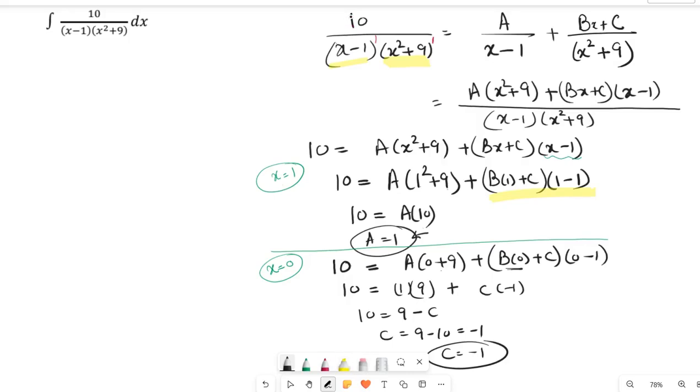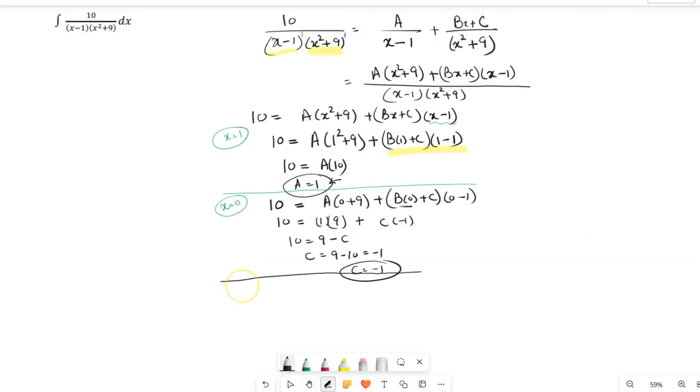So we also found c. A and c are done. We are only left with b. Let's work on finding b. I already used x equal to 1 and x equal to 0. I can use any x, I said. So I'm going to try, say, maybe negative 1. We are putting all these values in the same equation. Remember that, okay? 10 equal to a times negative 1 squared plus 9, plus b times negative 1 plus c times negative 1 minus 1. Let's write all this down.